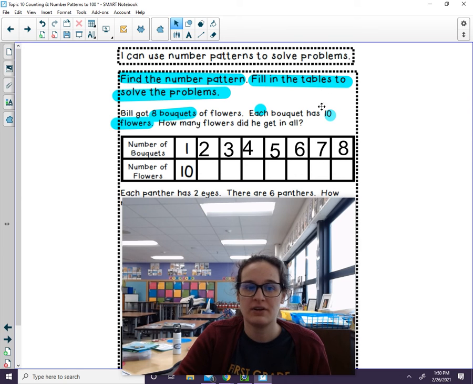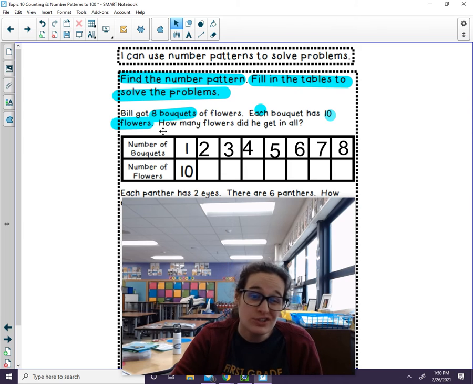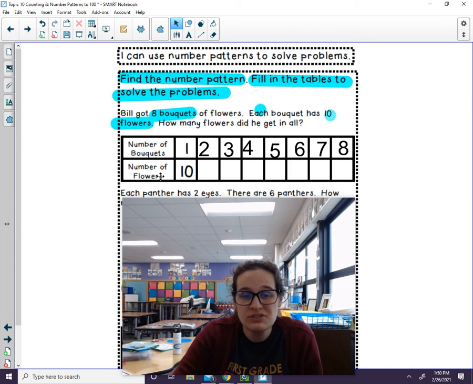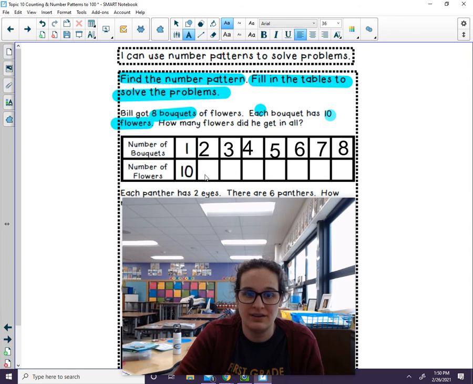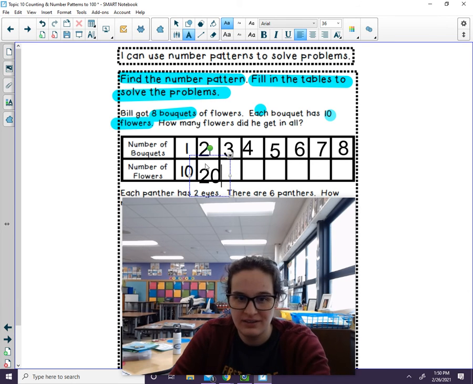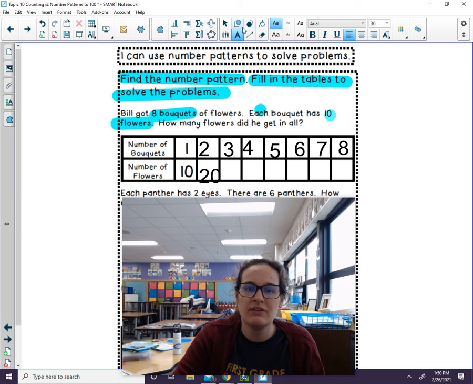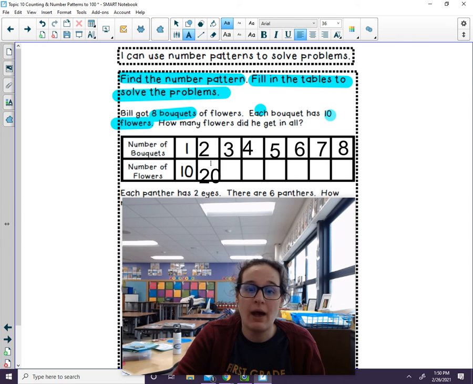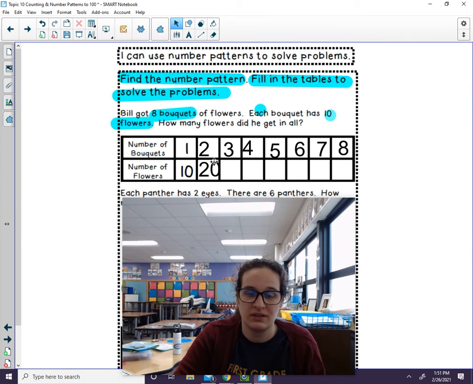And they told us that there are 10 flowers in each bouquet. Well, we could draw a picture, or we could just count by tens. 10, 20, and then I want you to keep on counting by tens, and you will find out how many flowers in 8 bouquets. Because all you have to do is count by 10.